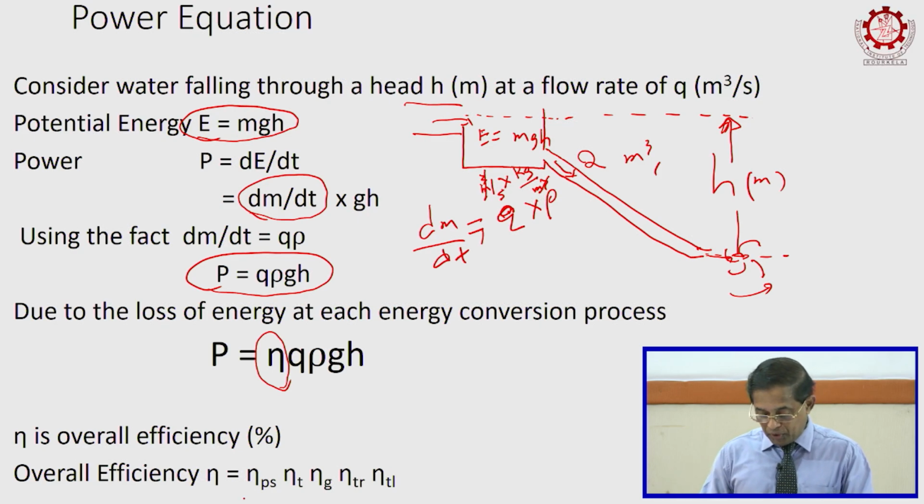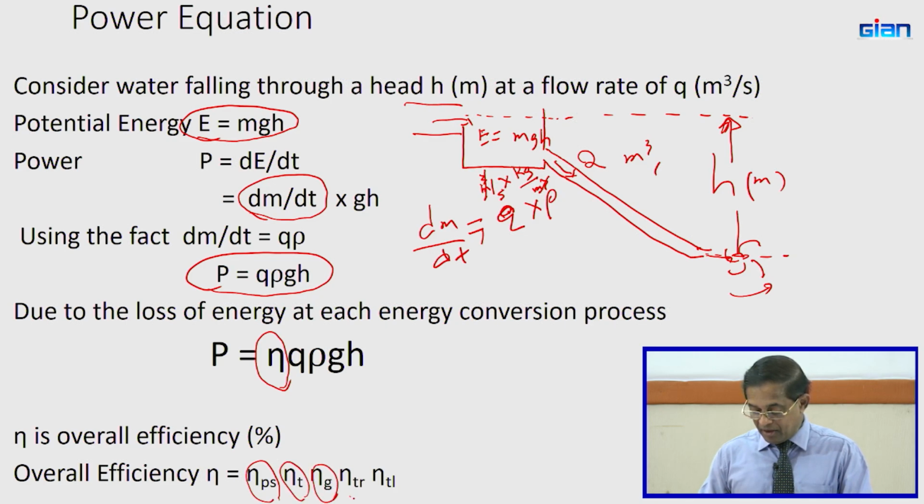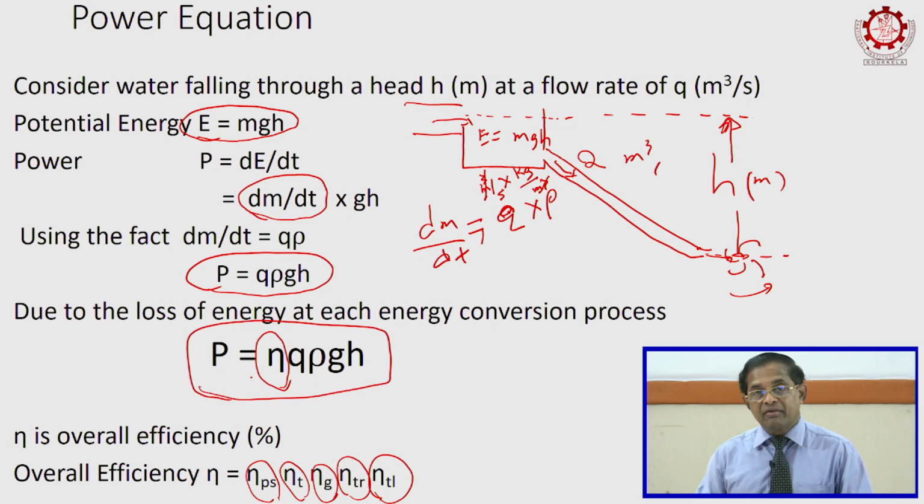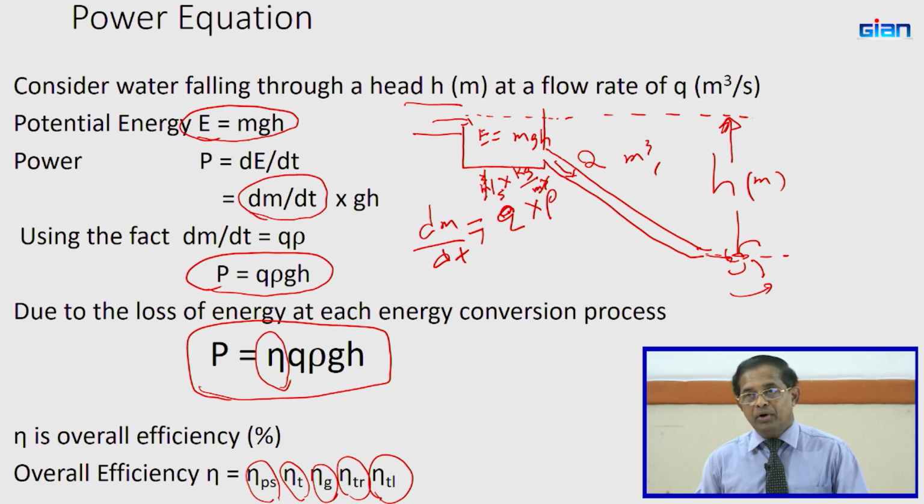The overall efficiency is the penstock efficiency, turbine efficiency, generator efficiency, transformer efficiency, and transmission line efficiency all together, if you take the entire project. Therefore, this is the final equation for hydropower generation, whether it is a small hydropower project, a large hydropower project or a pico hydropower project, the same equation will apply.